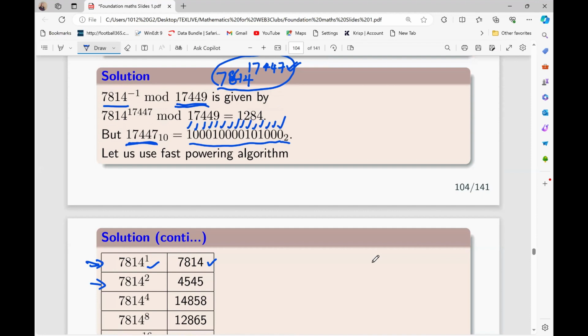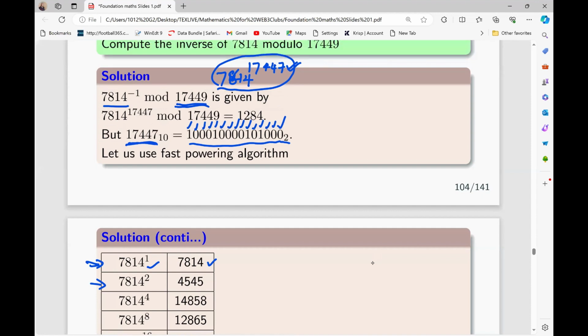Our divisor is 17,449. So this 61 million divided by 17,449 goes there 3499 times. Okay, let me find the remainder.